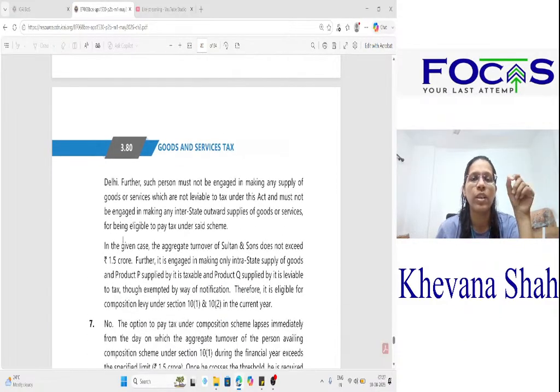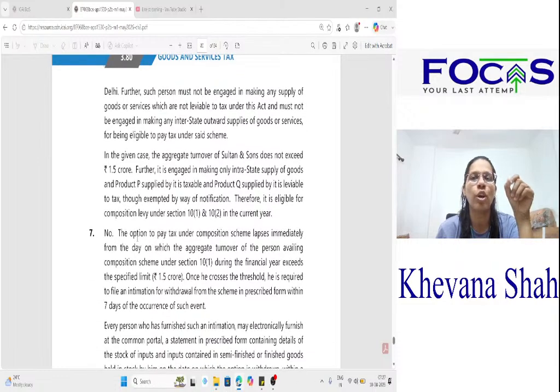Further, such a person must not be engaged in making any supply of goods or services which are not leviable to tax under this Act, and must not be engaged in making any interstate outward supplies of goods or services, to be eligible to pay tax under the said scheme.